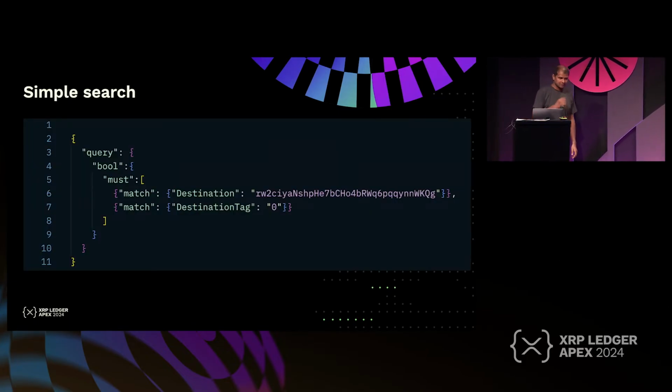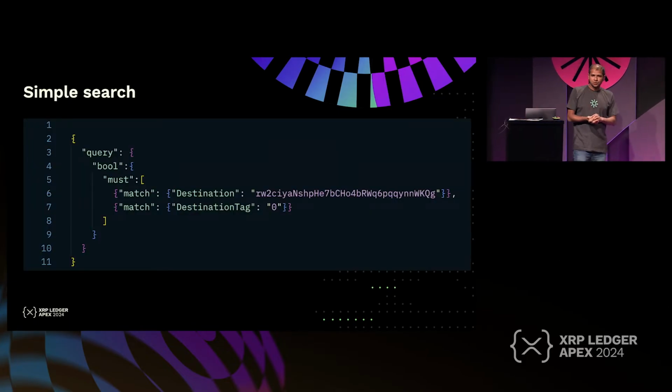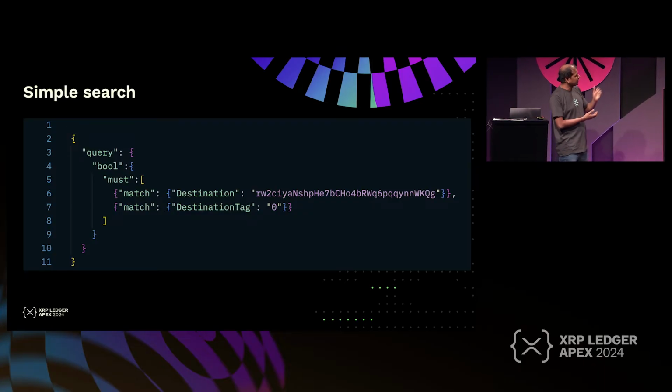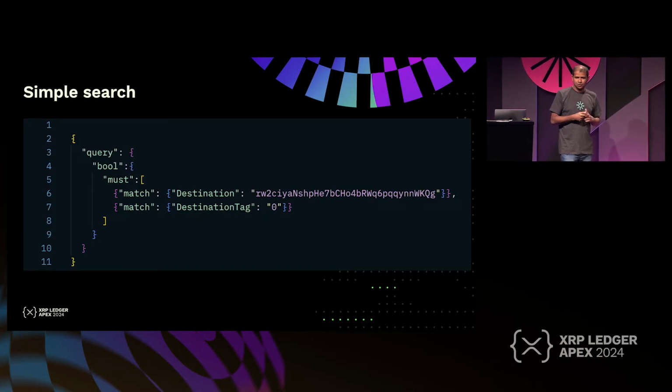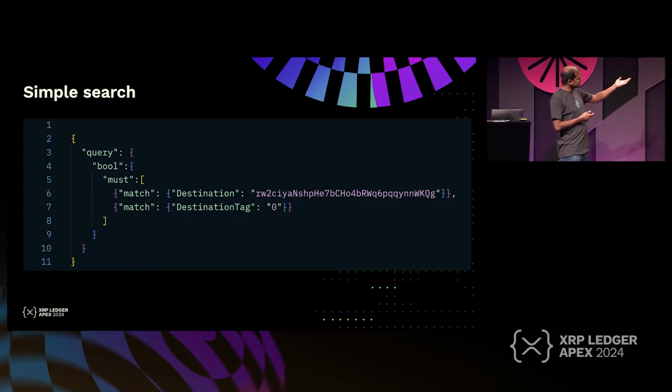Coming to search queries, what can it be used for? This is a simple search query built using Elasticsearch DSL. To answer the first question which someone on Twitter asked, can you search accounts by destination tag? Using this DSL, you can say query bool must, the transaction must contain a destination, this is a Coinbase address, and the destination tag should be 0.